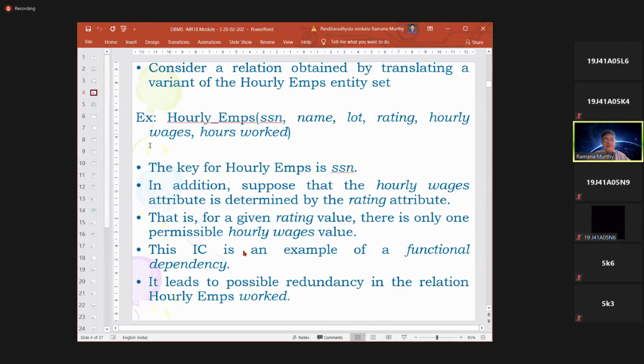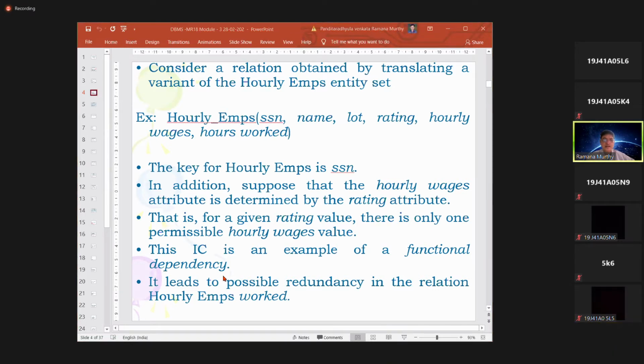Next, for example, in order to identify this, consider a relation that may be a variant of the hourly employees entity set. What are hourly employees? It identifies employees' hourly pay, hourly wages.